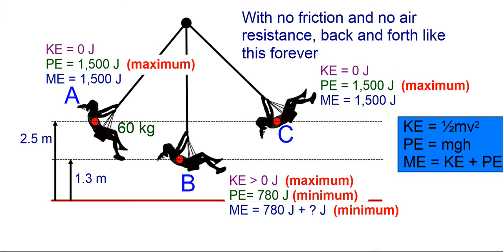All right, so what's happening here then? She's going back and forth, and her kinetic and her potential are changing, aren't they? Look at this, 0 kinetic, all potential. That's the max, by the way, right? Maximum potential. Down here, she has plenty of kinetic. Her potential's gone down. Up here, she goes back to a situation where she has maximum potential energy, same mechanical. So back and forth she goes.